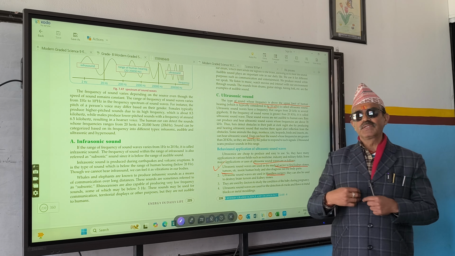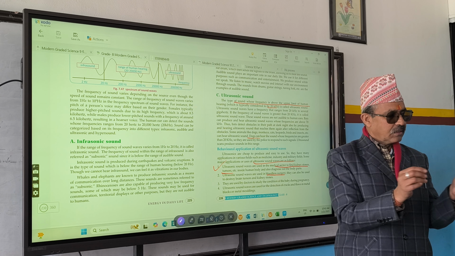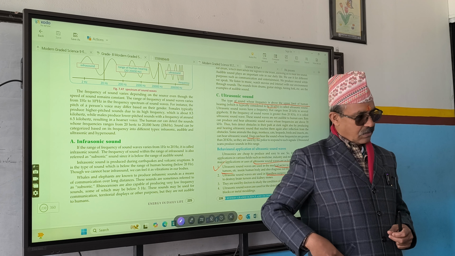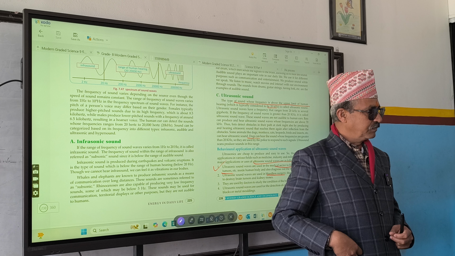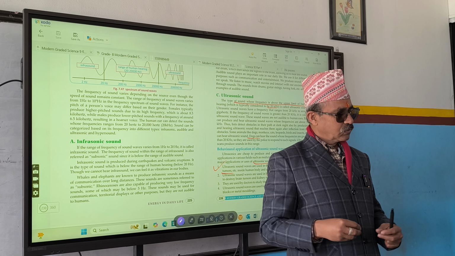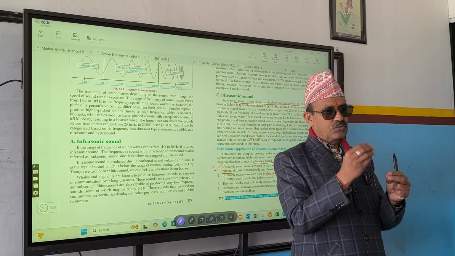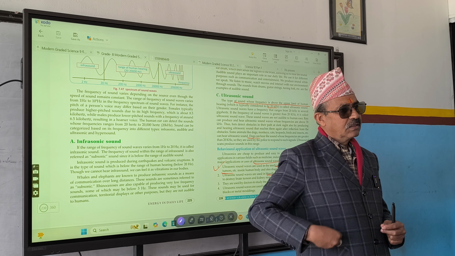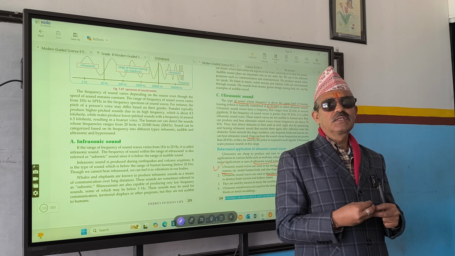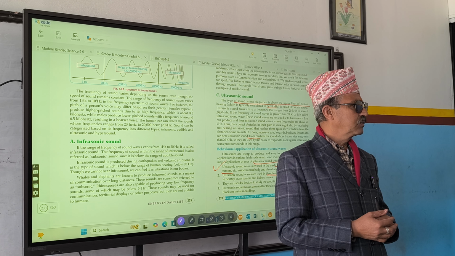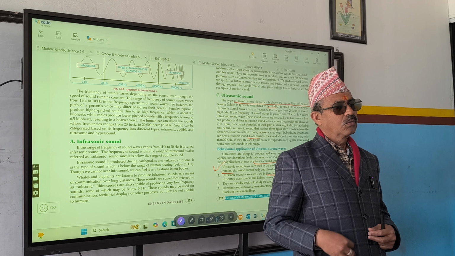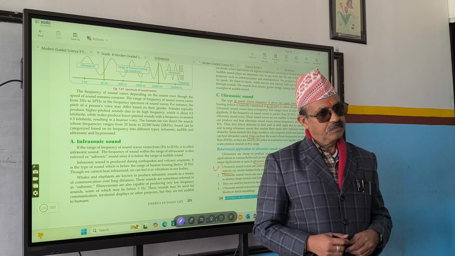Bloodless surgery means some operations can be done without cutting. Like if there is a stone in your kidney, that stone can be changed into small pieces with the help of ultrasound. Ultrasound is passed, it strikes the stone and makes smaller pieces. No blood is produced.